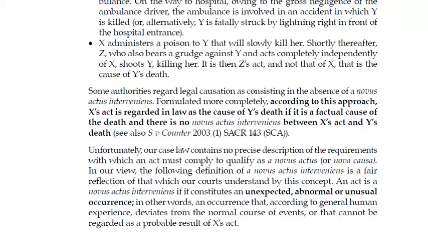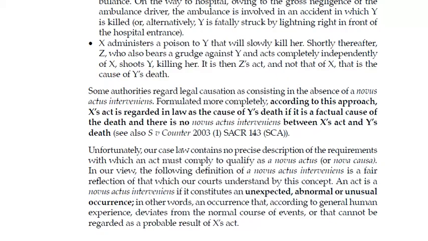In our view, the following definition of a novus actus interveniens is a fair reflection of that which our courts understand by this concept. An act is a novus actus interveniens if it constitutes an unexpected, abnormal, or unusual occurrence.